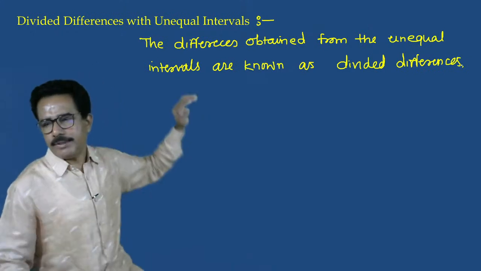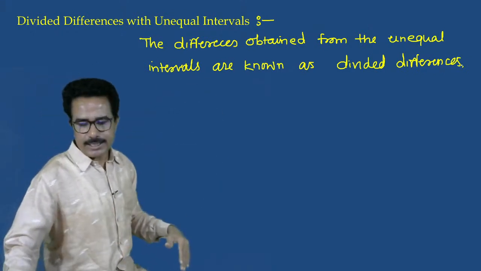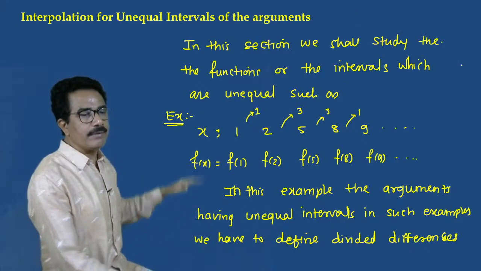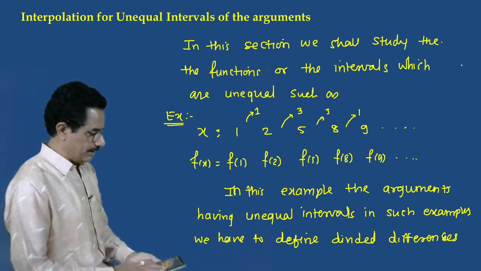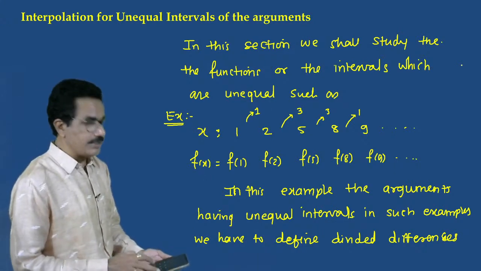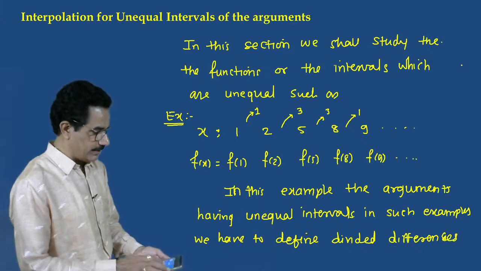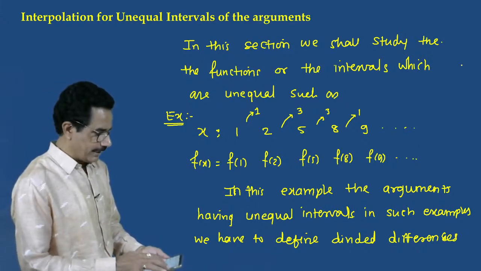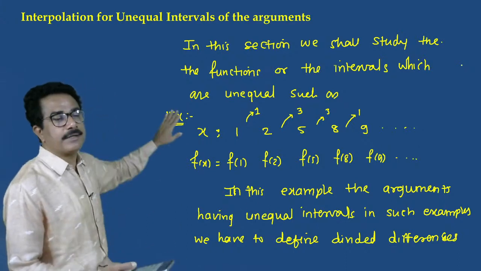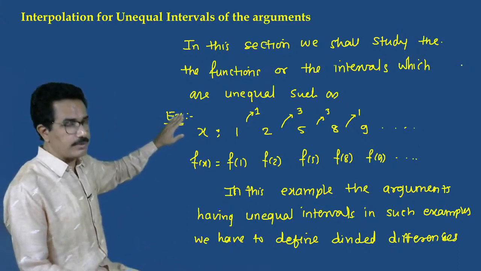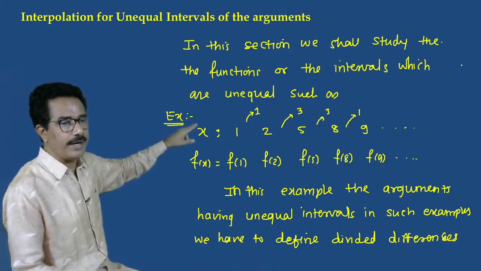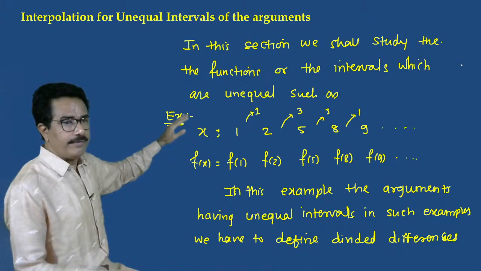Are known as divided differences means if there are unequal intervals, see this example. Here the values of x are: first value of x is 1, second 2, third is 5, fourth is 8, fifth is 9.